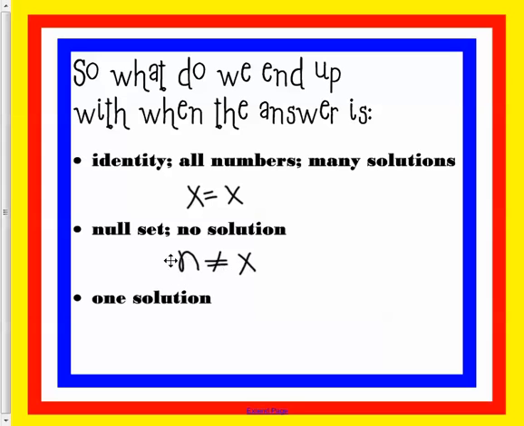So some number does not equal another number. For example, 5 does not equal a negative 6. And for one solution, you're left with x equaling some number. Any number. Just one of them, though. One solution. Okay? And that's all I've got for you today.